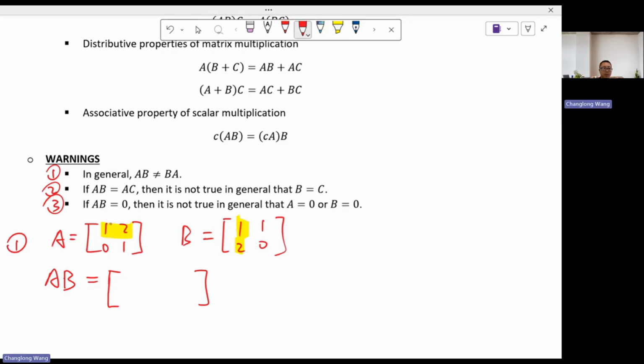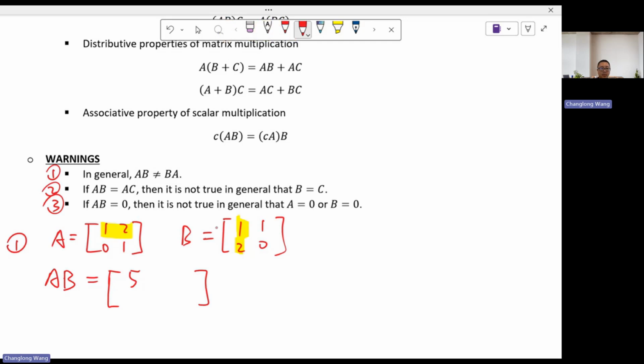And the way you multiply them is you go by entry, from the corresponding position in that row or the column. So it will be 1 times 1 plus 2 times 2, so that you get your 5.